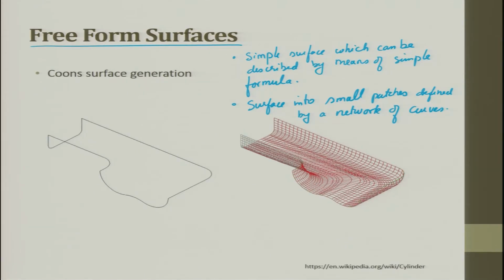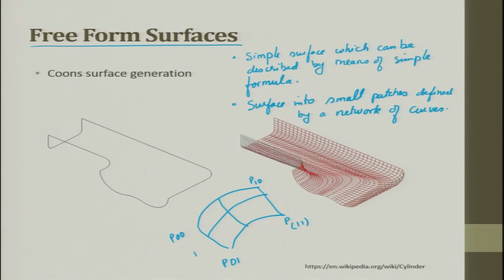What we get is a Coons surface. For example, this can be P01, this can be P00, this can be P10, this can be P11, and you can define the functions, and you also define the directions with which the curve has to move.